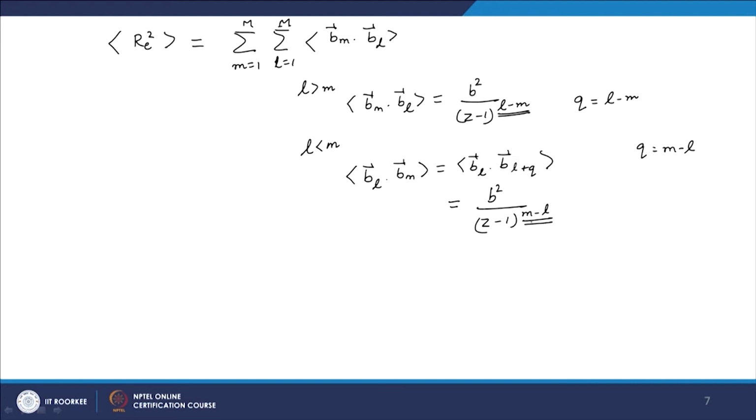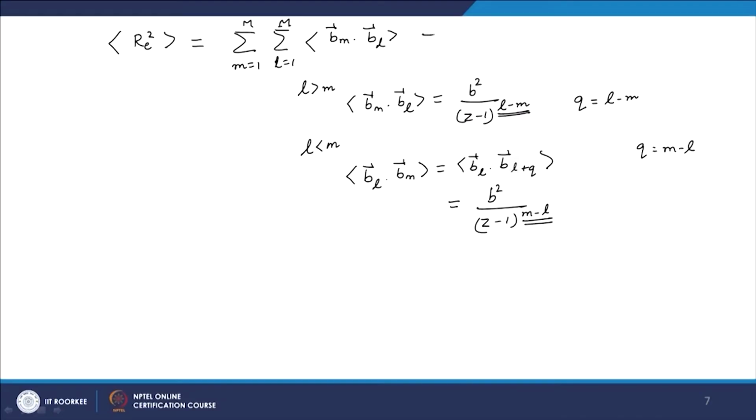When L is higher than m, I will use L minus m. When L is less than m, I will use m minus L. So I can write in general this thing as, where I replace the power by the absolute value of L minus m.